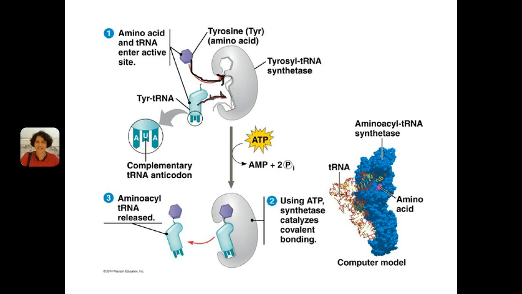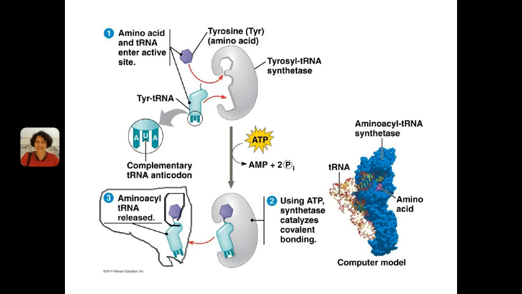In the second part of the illustration, we see how the aminoacyl tRNA synthetase is going to hydrolyze ATP to provide the energy to bind both of its substrates, attach the amino acid to the tRNA. And then in the third step, we see the charged tRNA that is released, the aminoacyl tRNA, in this case now charged with the amino acid tyrosine.